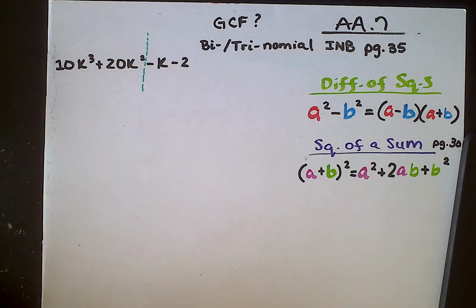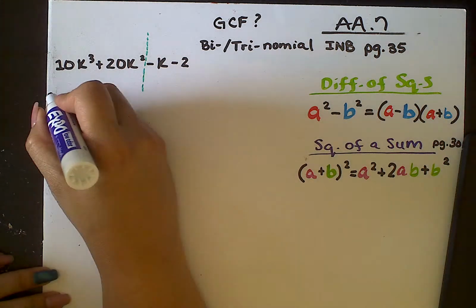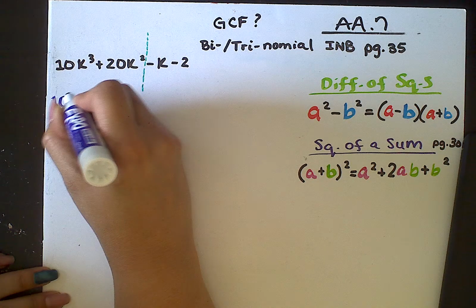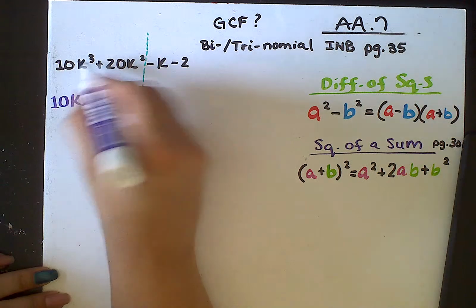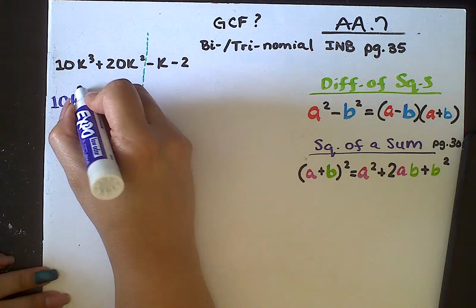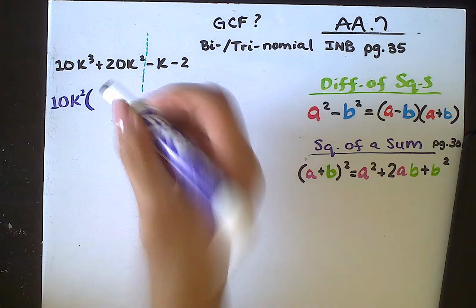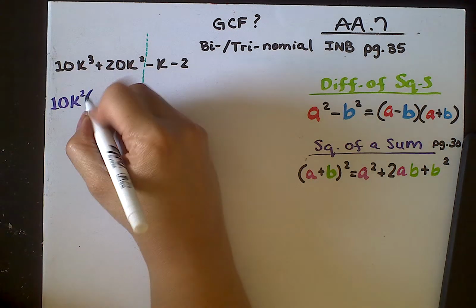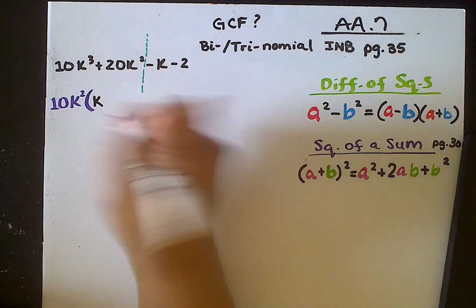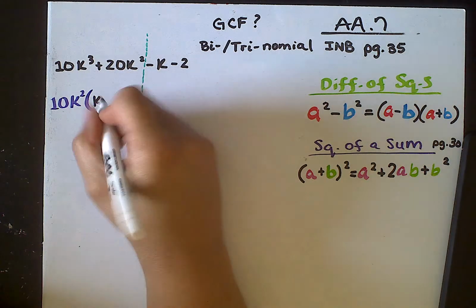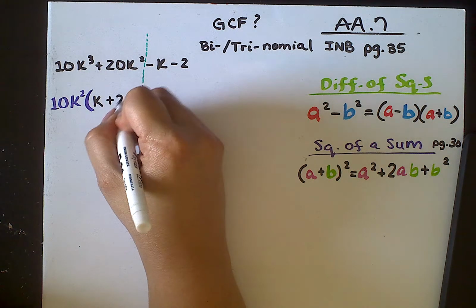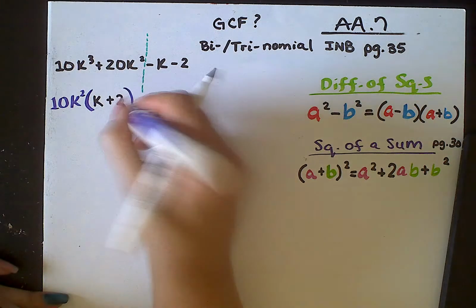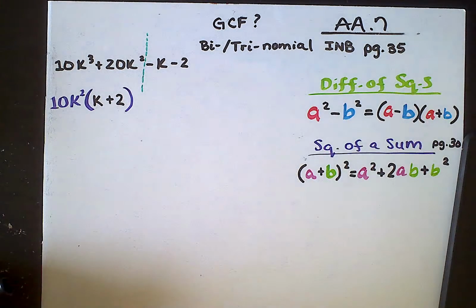Now, 10k cubed and 20k squared, well, obviously they both have 10 and they both have k. Always look for the lowest exponent squared in common. So here, I'm missing 1k, and then 10k squared times 2 should give me 20k squared.